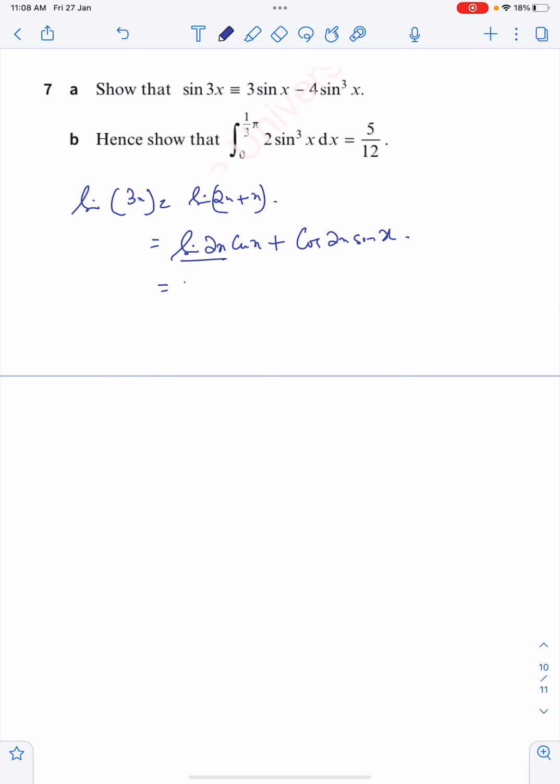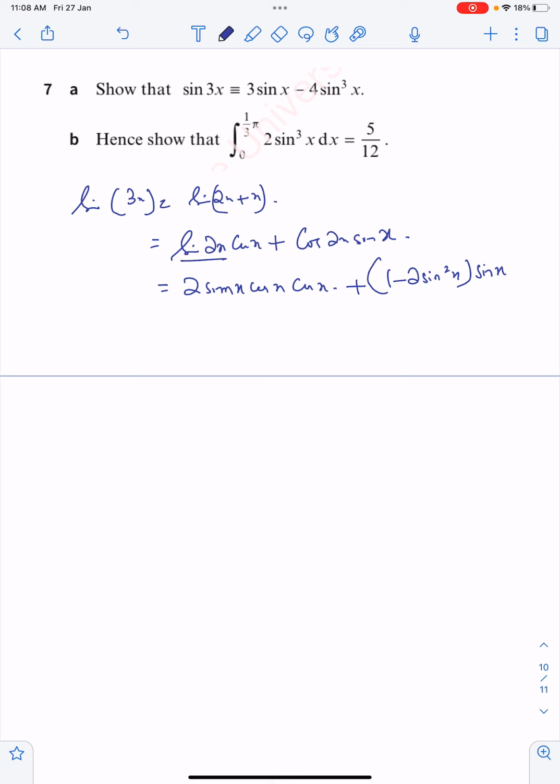Okay, sine of 2x is equal to 2 sine x cos x, into cos of x. Plus cos of 2x, if I use the double angle identity, is 1 minus 2 sine square x, into sine x.